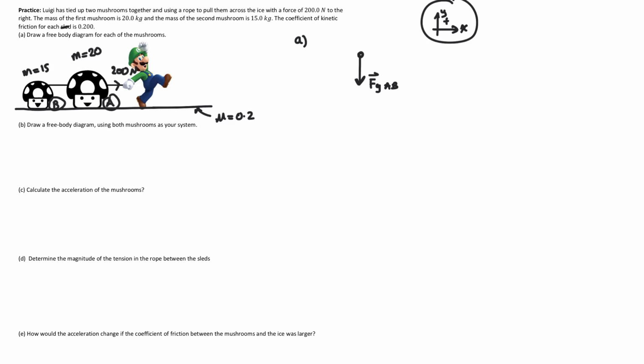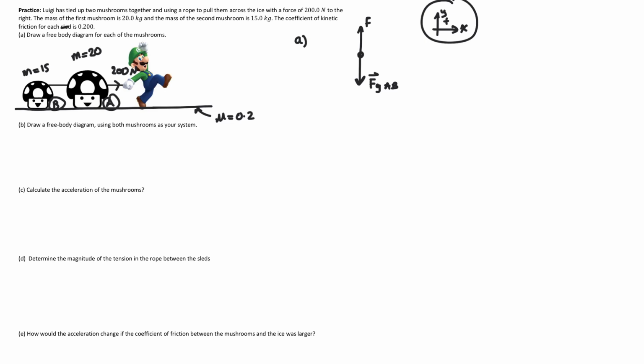And note that I always draw the forces that are acting in the direction of acceleration in the X direction and perpendicular to that in the Y direction. So force of gravity is downwards, so that's in the Y direction. There's a normal force acting in the upward direction, and that normal force acts on both of my objects here.